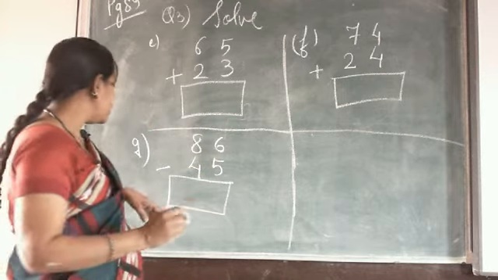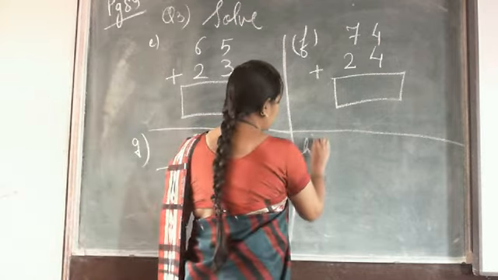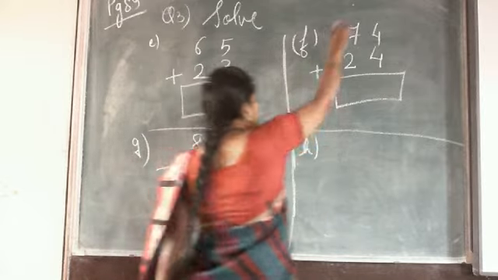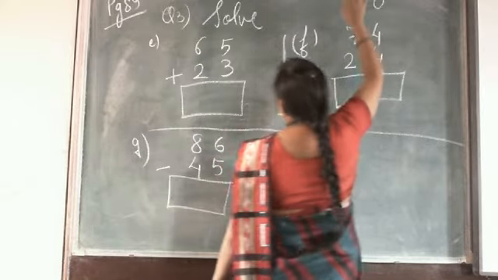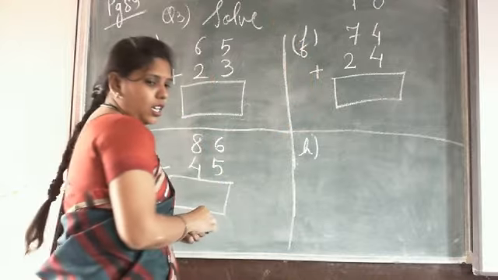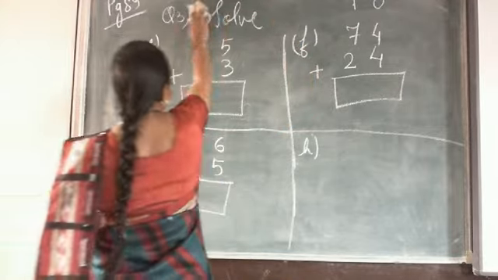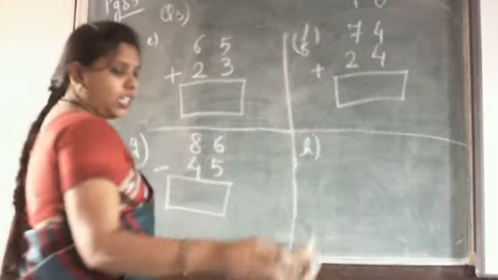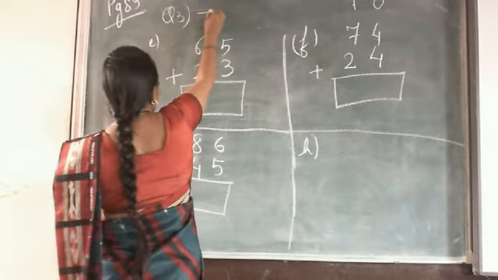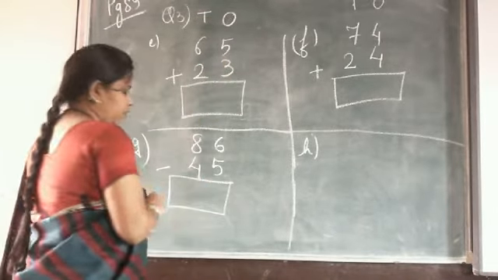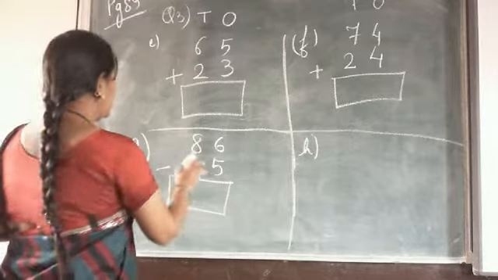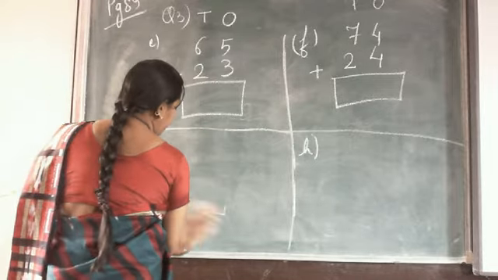And the last question, H. Write T for tens, O for ones. Okay? On the top of the numbers, write T for tens and O for ones. I have not written 86 minus 45.